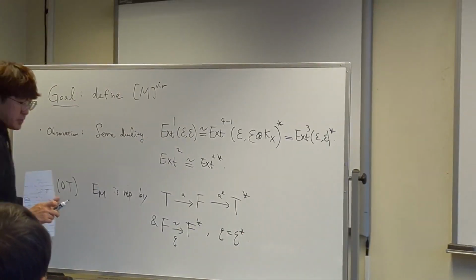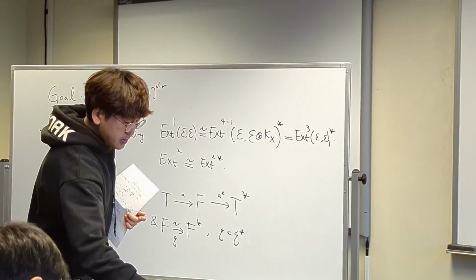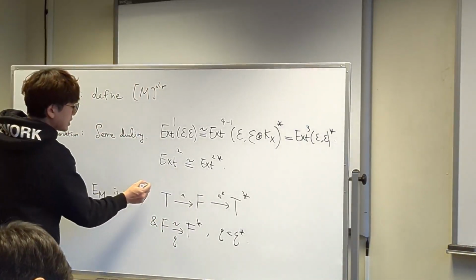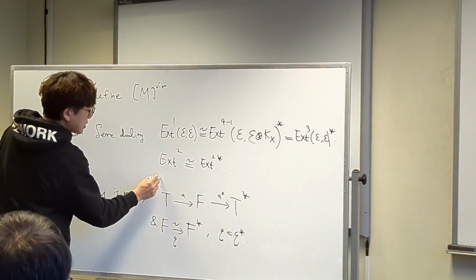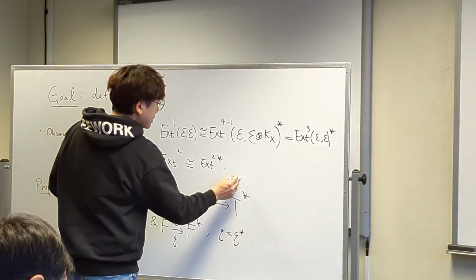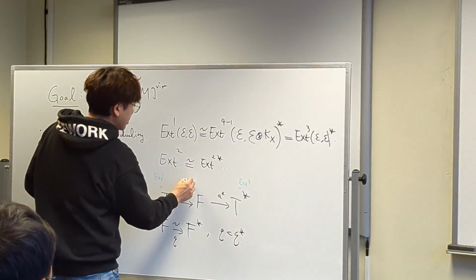So you can just imagine this row over the next one, and this is x3, x2.